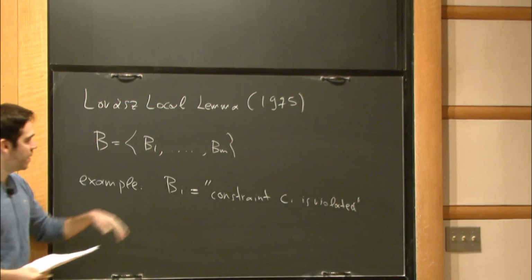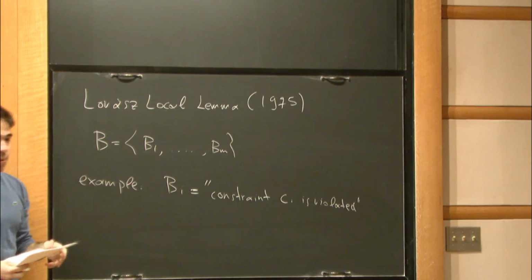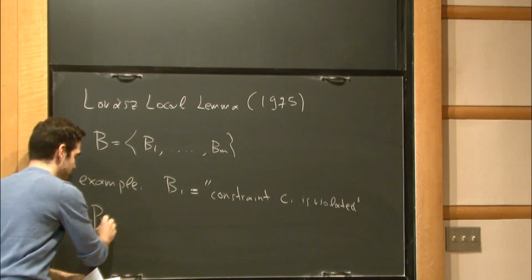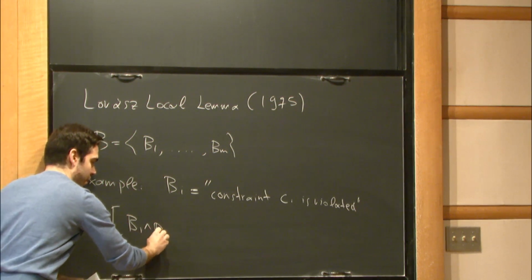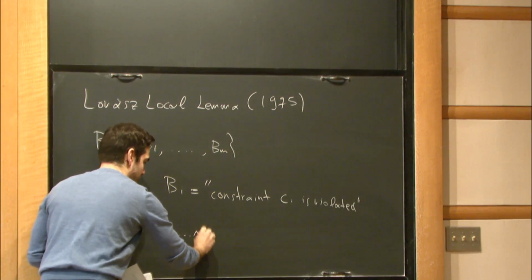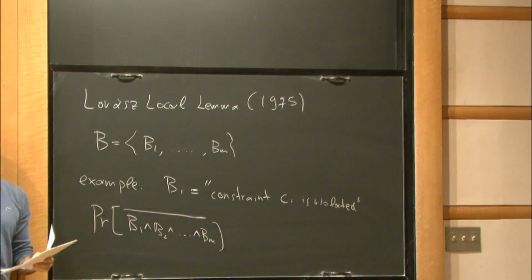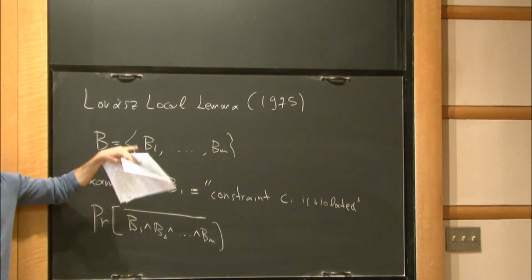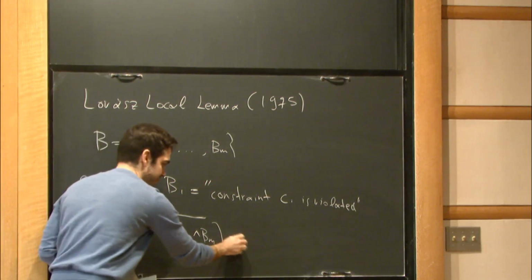Okay, so this is why it's a bad event, because we want to avoid it. And what we want to show is that with positive probability, we can avoid all bad events. So if we sample from this probability space, then with some positive probability, we can avoid all bad events. Okay. In this example, this would imply that the formula is satisfiable, right? If we show that this is positive.